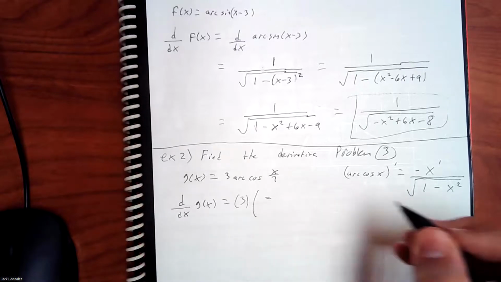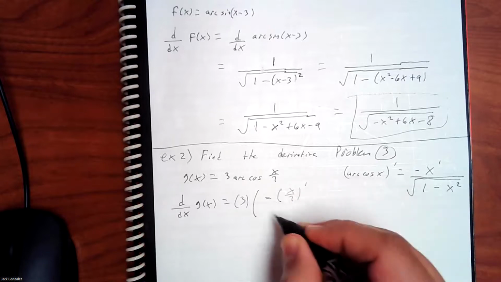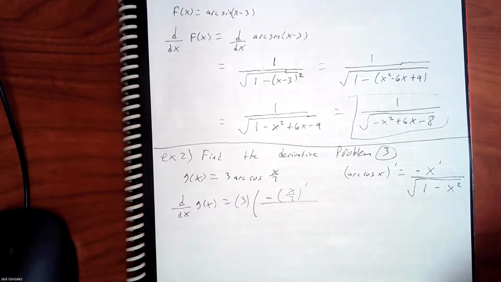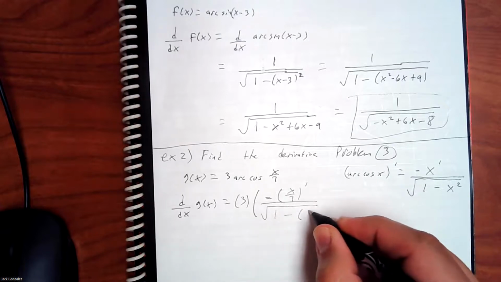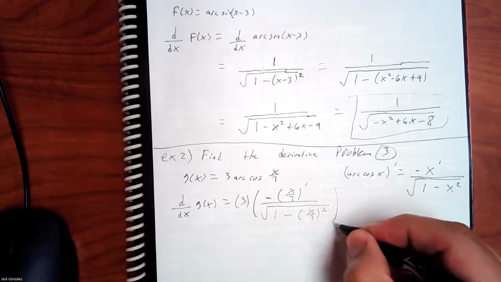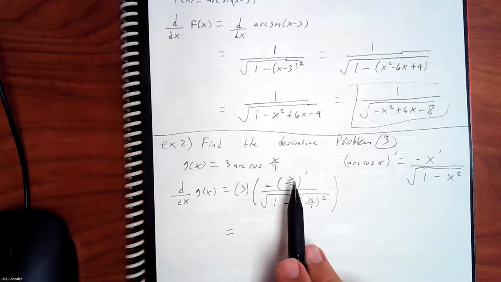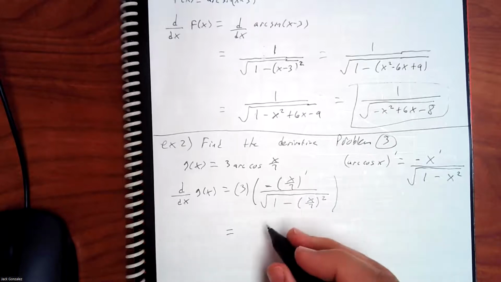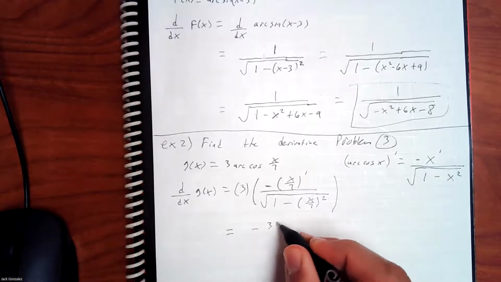So negative x over 7 derivative over square root of 1 minus that argument squared. The derivative of this would be 1/7, right? So that'll become a negative 3/7 on top.